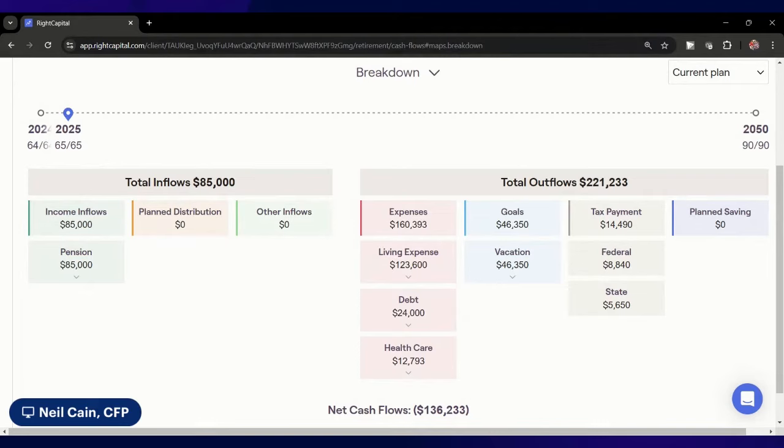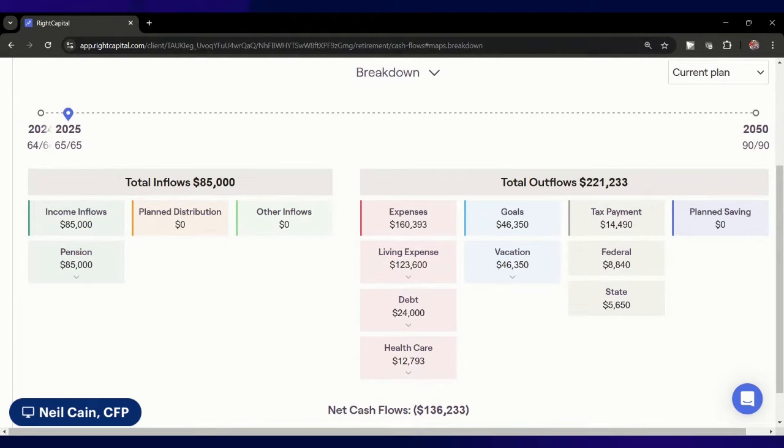So, in their first year of retirement, there is a significant outflow of their retirement funds. And this is going to be a withdrawal out of what we build as a short-term bucket.